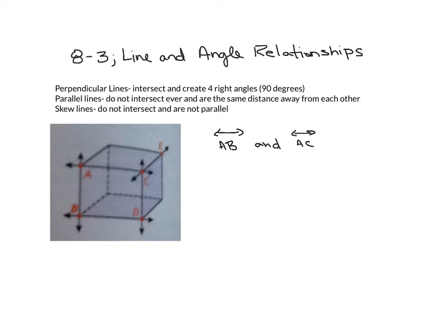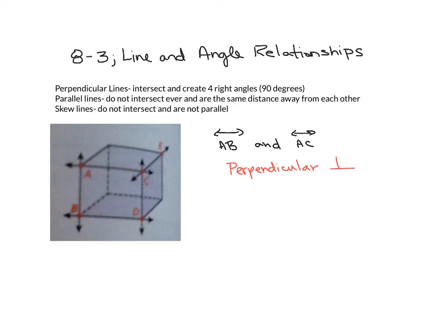Now let's look at where AB and AC are. AB is here, and AC is here, okay? And when they intersect, that is going to intersect and create four right angles, so they are perpendicular. And if you don't like to write the word perpendicular out because it's a long word, that is the symbol for perpendicular.